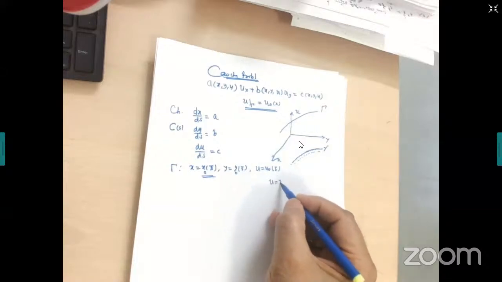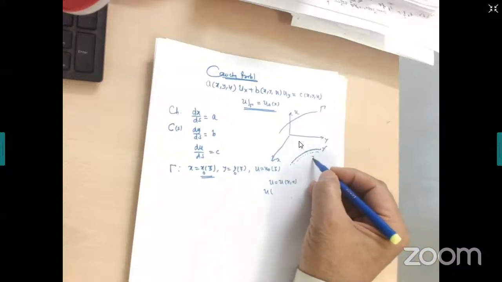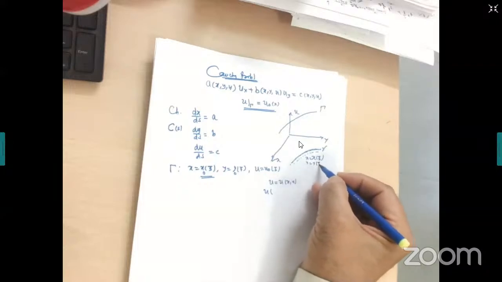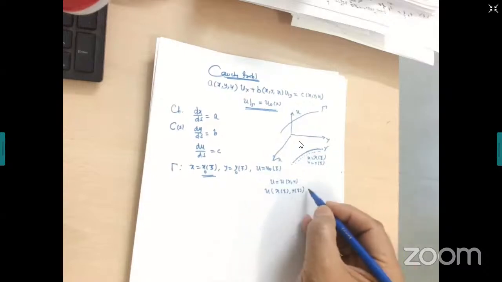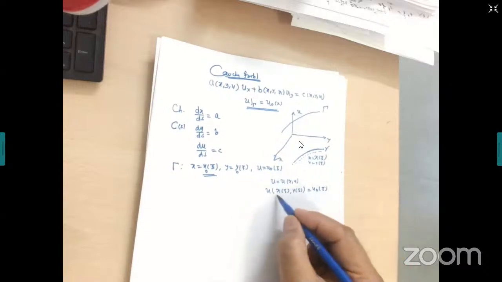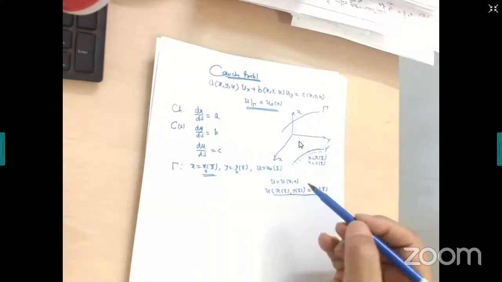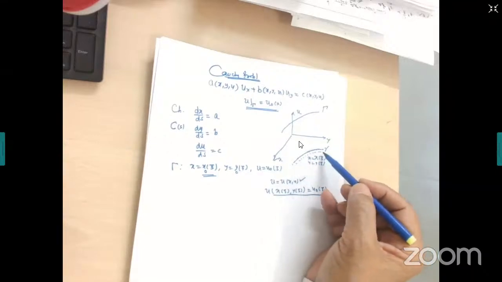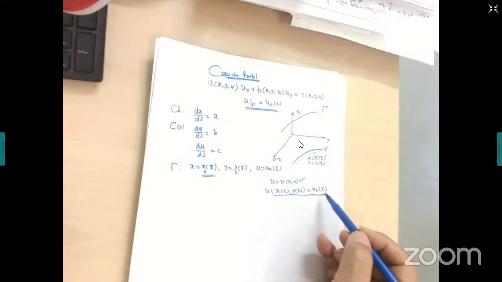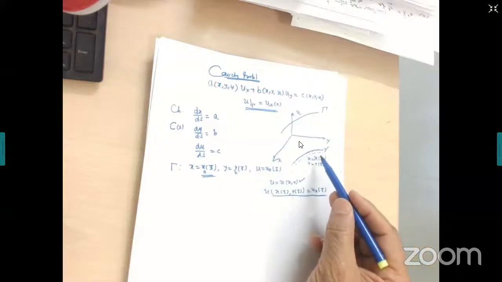That is, u is equal to u of x, y, such that on this curve x is equal to x of xi, y is equal to y of xi, and u is u naught of xi. The problem consists in finding the solution of this form, in the neighborhood of gamma, which takes on specified values on gamma. It's very important.